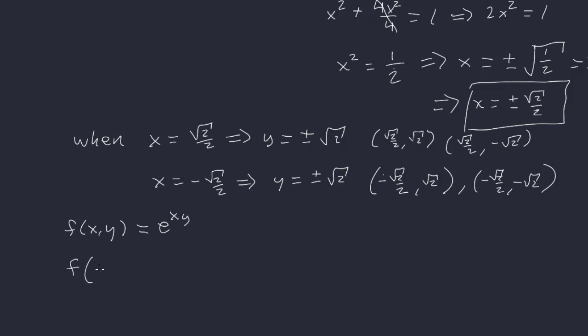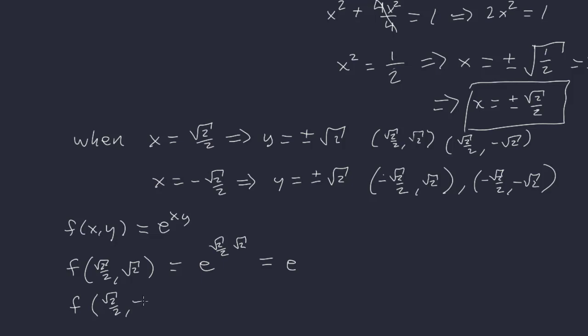Okay, so f of root 2 over 2, comma root 2, it's going to be e times root 2 over 2 times root 2. Well, check that out. The root 2's will become 2, so that's just e.